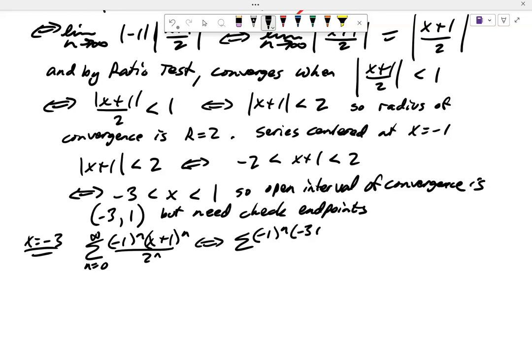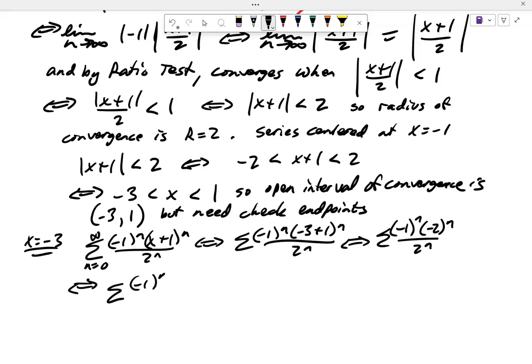So we get -3 plus 1 to the n, over 2 to the n. So I got -1 to the n, and I got a -2 to the n. So I got -1 to the n. That's -1 times 2, so that's like a -1 to the n, 2 to the n. Notice my 2 to the n's cancel.